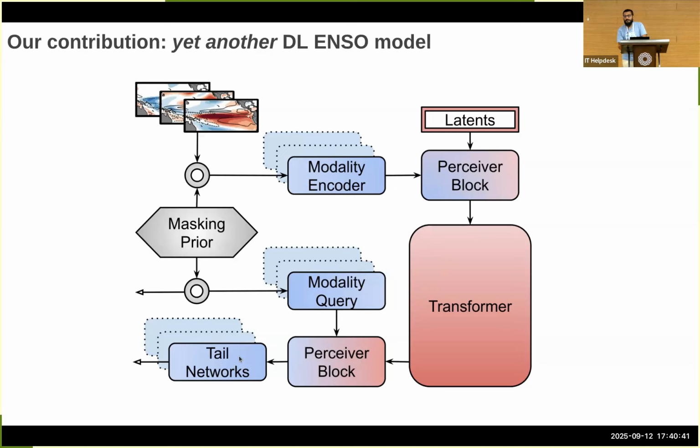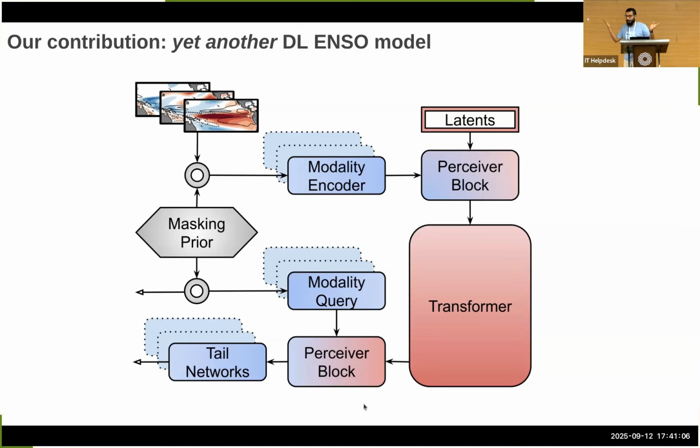And in the end, we have something called tail networks. It's a kind of hackish trick to create a pseudo ensemble. So our model is inherently deterministic, but having a bunch of tail networks basically says, give me a set of possible outcomes and not just one snapshot, from this one latent space that I have at the end of this perceiver block.